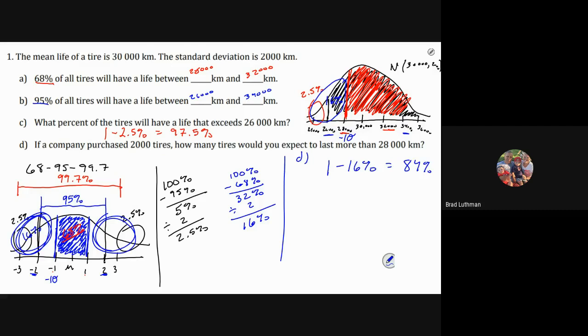If we want to figure out of the 2,000 tires, we think that 84% of these will be able to last more than 28,000 miles. So I'm going to go 2,000 times 0.84 and get 1,680. And that's a good introduction problem. Let's hope we don't bore you the rest of the way going after the rest of these.